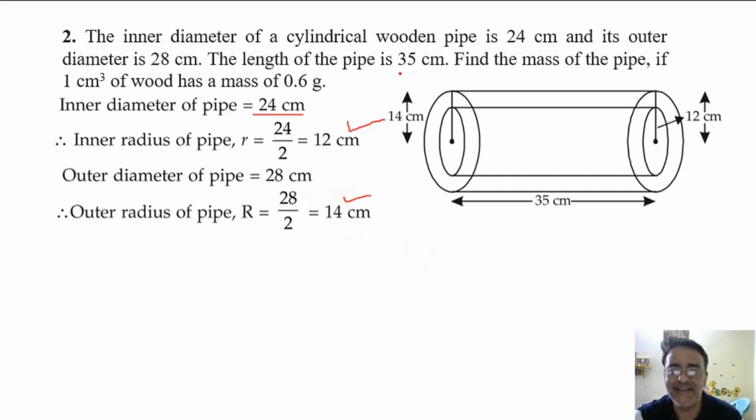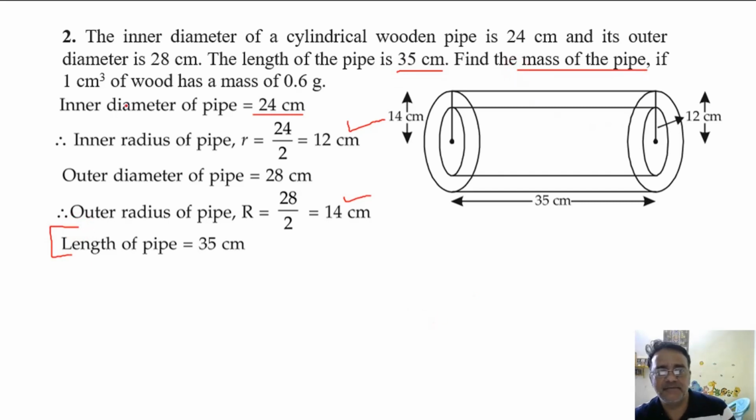And the length of the pipe is given 35 centimeter. This we will take as the height of the cylinder. And we have to find the mass of the pipe. For mass we have to find the volume, because it is given that 1 centimeter cube of wood has a mass of 0.6 gram.